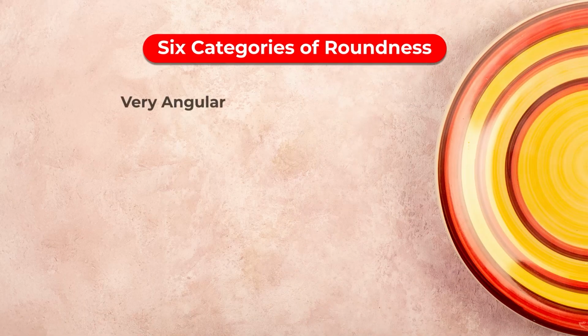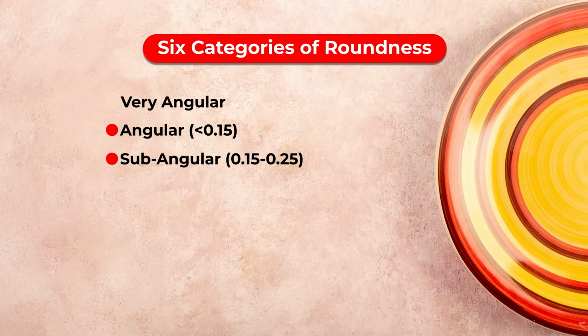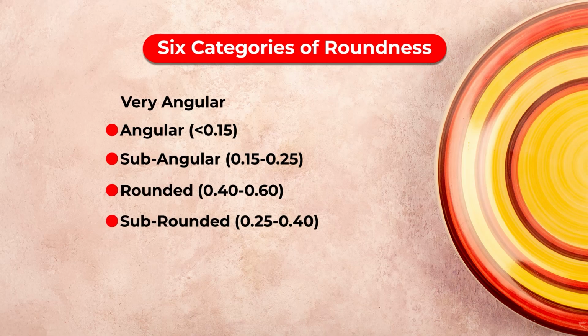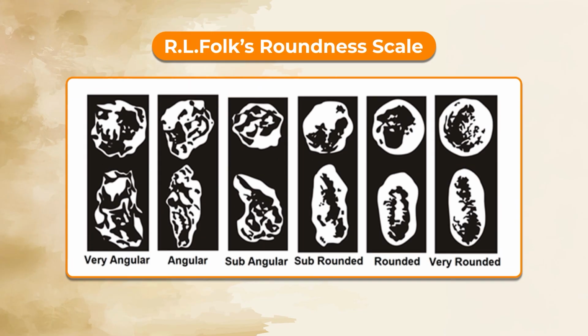There are six categories of roundness: very angular, angular, subangular, subrounded, rounded, and well-rounded. There is R.L. Folk's visual roundness scale, where the roundness of grains can be compared, from very angular, angular, subrounded, rounded, to very rounded.